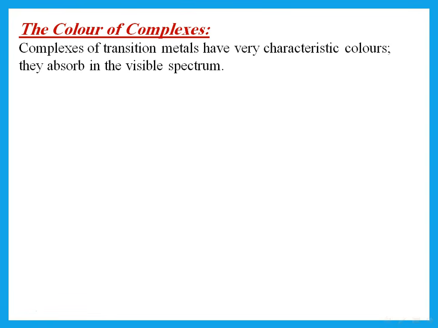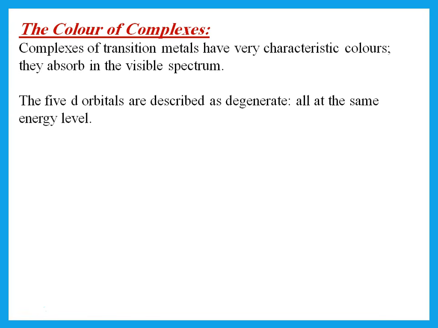Most of these complexes of transition metals have very characteristic colors. Remember that we said one of the properties of transition metals is that they form colored compounds. That is because their complexes absorb in the visible spectrum, so they have different colors. Okay, why do they have different colors? You should know that the 3d orbitals are described as degenerate.